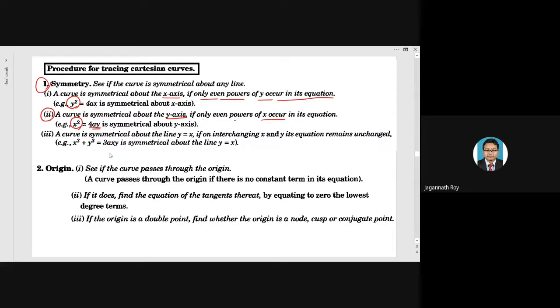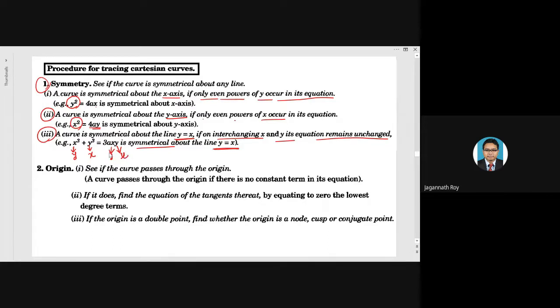Any curve is symmetrical about the line y equals x if on interchanging x and y, its equation remains unchanged. So this is symmetrical about y equals x. That means in place of x, we substitute y, and in place of y, we substitute x. So here also, in place of x, we substitute y, and in place of y, we substitute x.